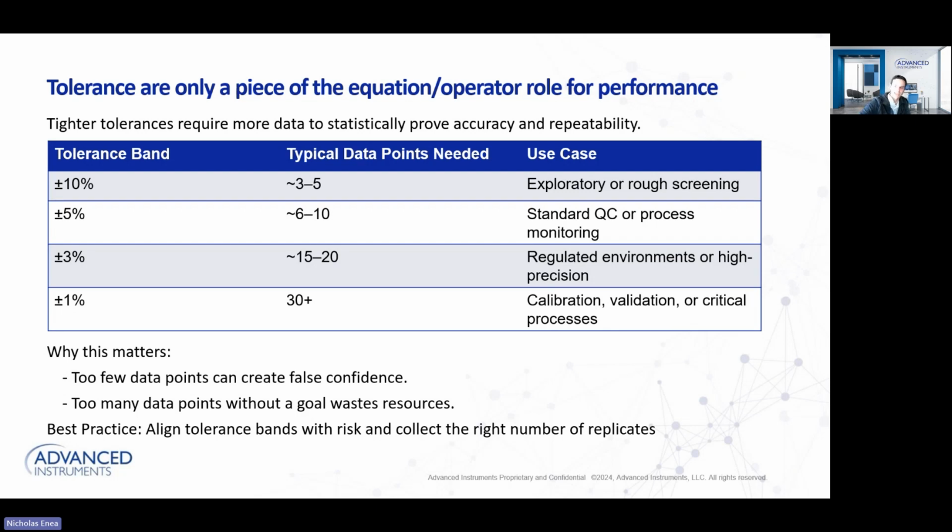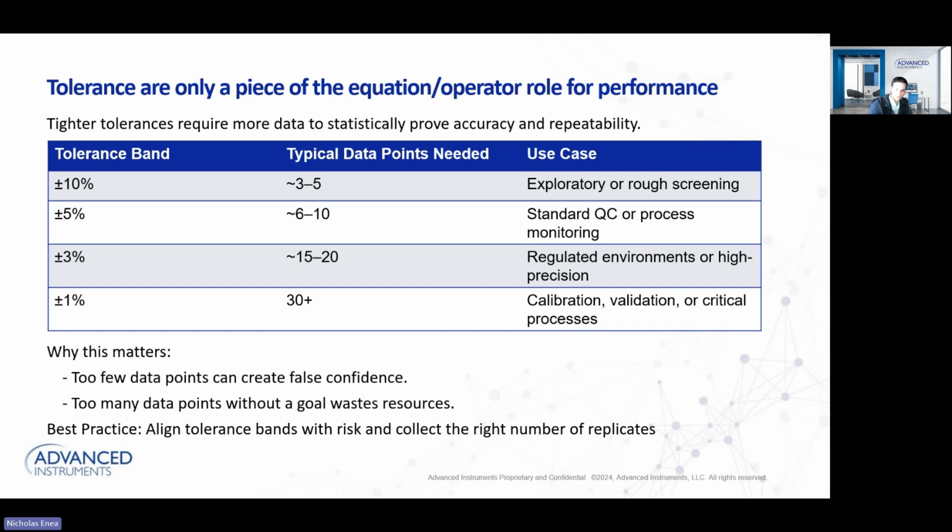As I get into regulated environments, we're normally talking about 15 to 20 replicates with plus or minus 3% variation. And when I get into calibration processes or validation, oftentimes we're talking 30 or 30 plus replicates that really establish that plus or minus 1% variance.